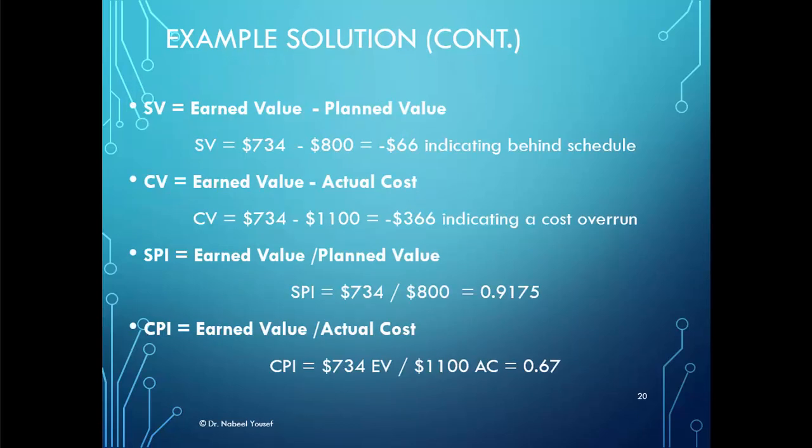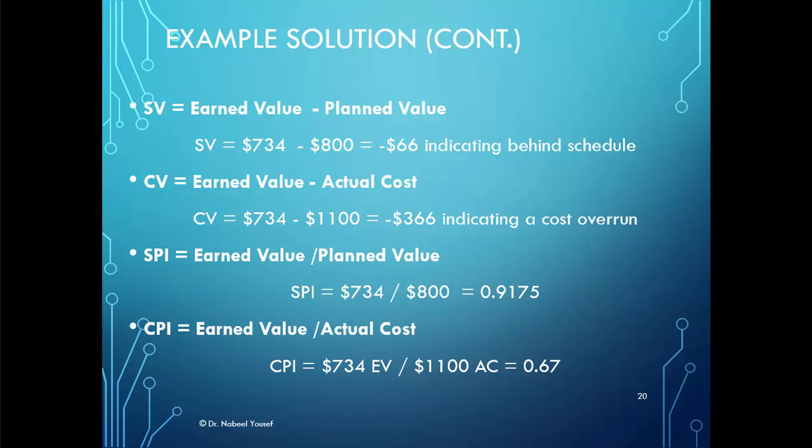Let us calculate the variability in the schedule and the cost, which provide the boundaries that we need to stay within. The schedule variance is equal to earned value minus planned value, which is 734 minus 800, that will equal minus $66, which is the value of the schedule variance. Notice that the value came in negative, which means that the project is behind schedule.